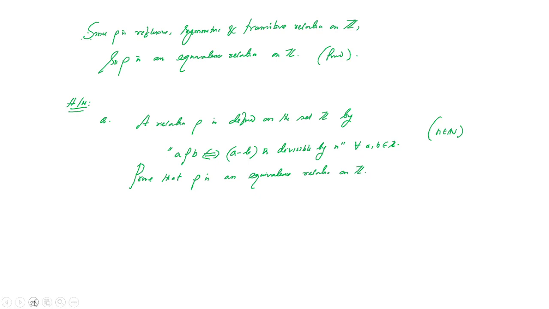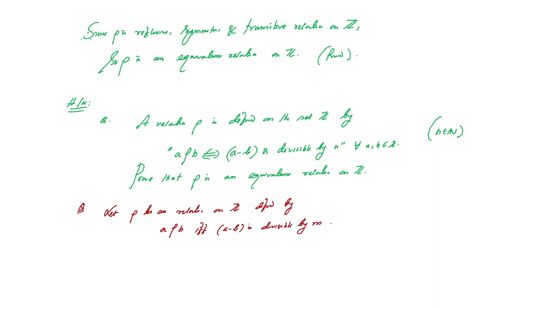Now you may be asked this kind of question. This is your exercise. You may be asked this as an MCQ type. Let rho be a relation on Z defined by A rho B if and only if A minus B is divisible by M, for all A, B belonging to Z, and M is a natural number.